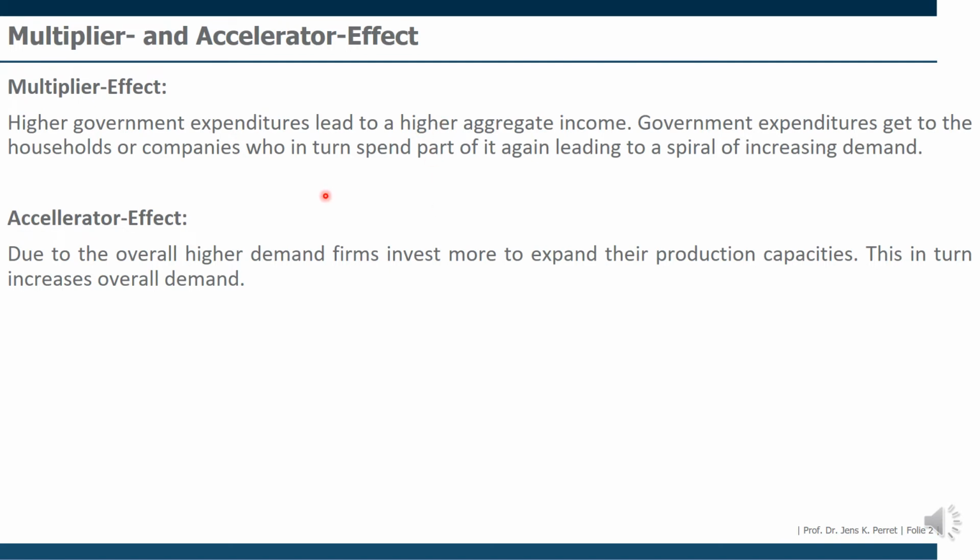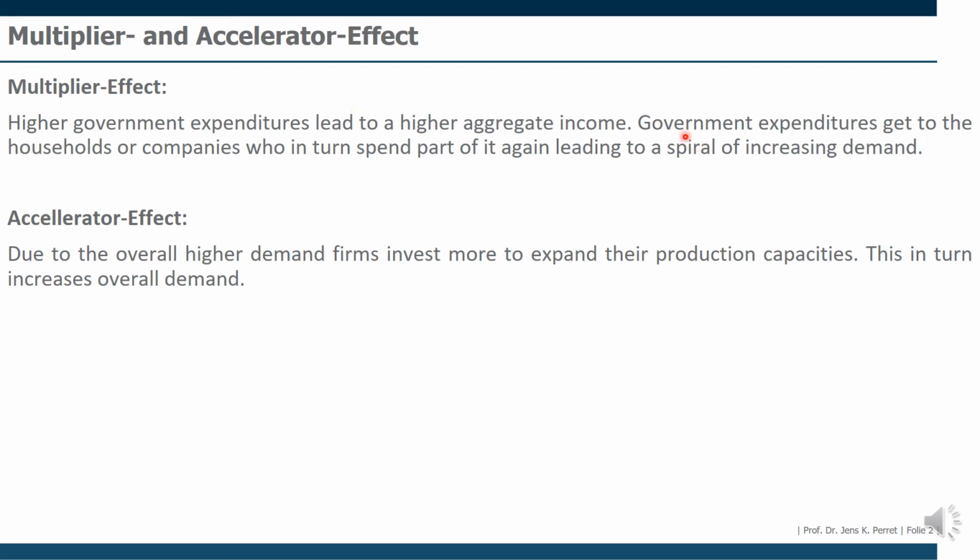And I said here always it's about higher government expenditures. Well, the same thing works if instead of higher government expenditures, we assume lower taxes. Because with lower taxes, households and firms have more money available, can therefore, due to their higher aggregate income, spend more.